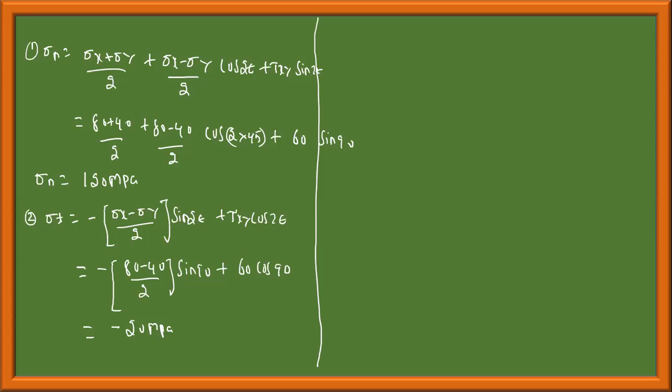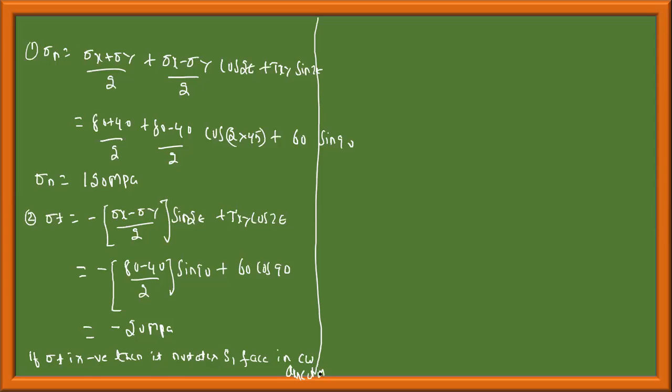That's the problem. Okay. Next, we got sigma n and sigma t. See, we made a thumb rule that if sigma t is negative, as in this case, then it rotates the S1 plane in the clockwise direction.